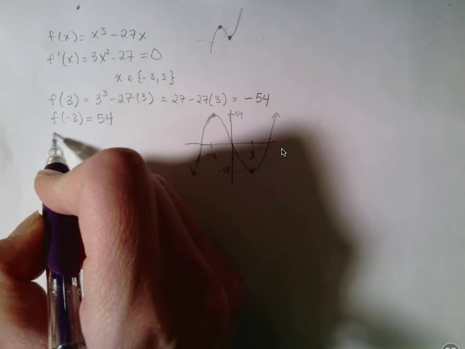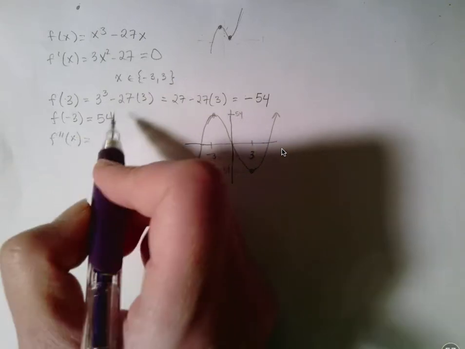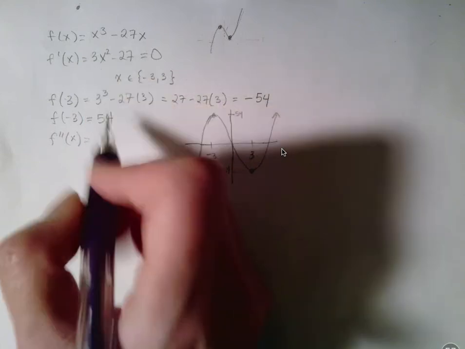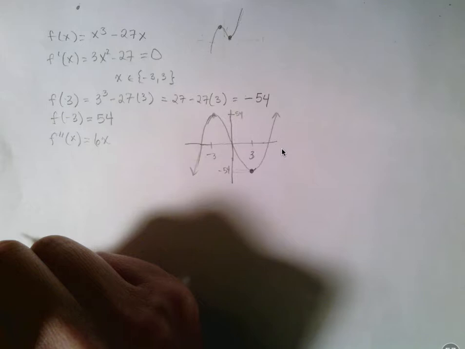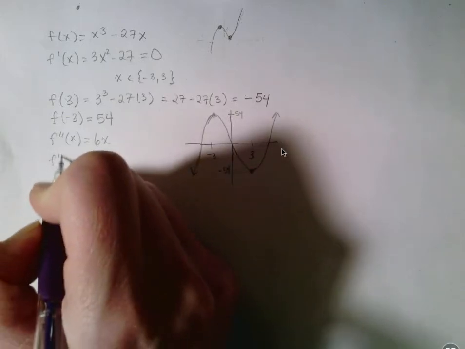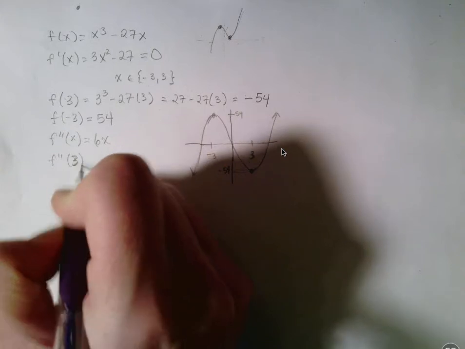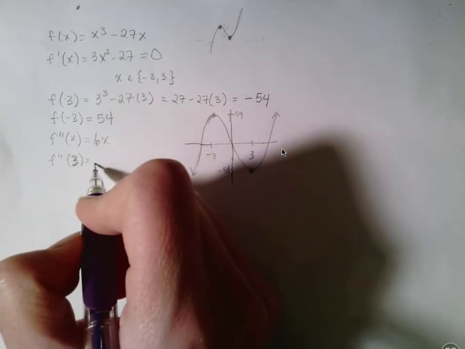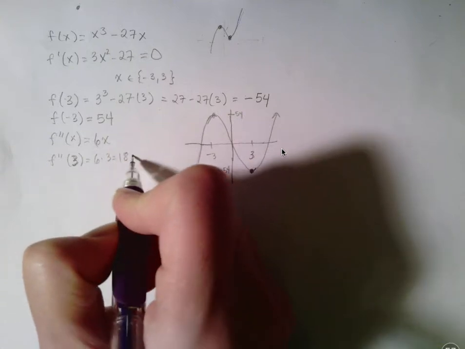Well, we could take the second derivative. The second derivative is 6x. The second derivative at the value 3 is 6 times 3, which is 18, which is positive.